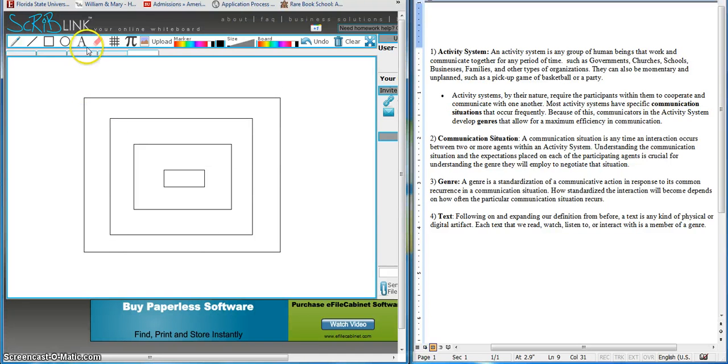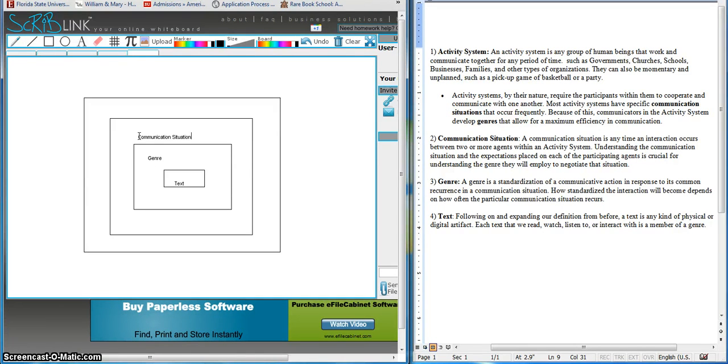And so we begin with a text, an individual example of something, maybe it's video, audio, textual, and that text, whatever it may be, is part of a genre of other similar texts that are like it. And so they may not all be exactly the same, but they have a lot of the same features in common, because all of those genres are attempting to facilitate a particular communication situation, to make communication easier and more efficient.